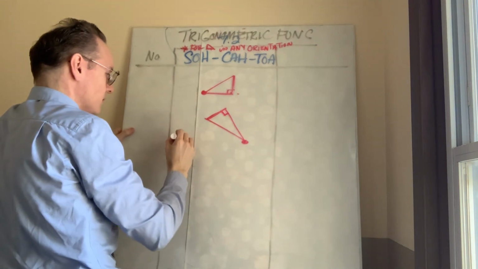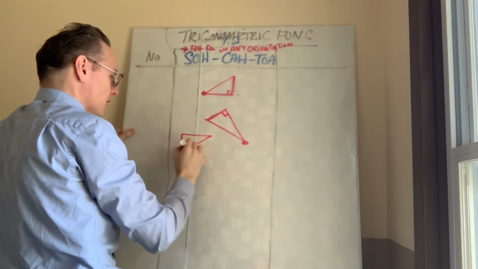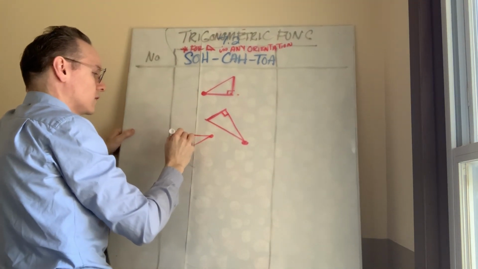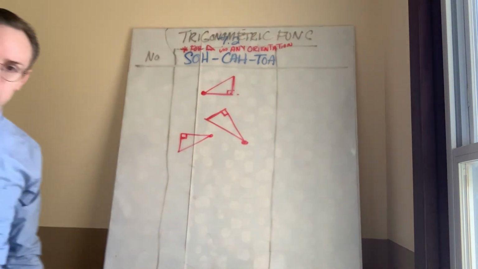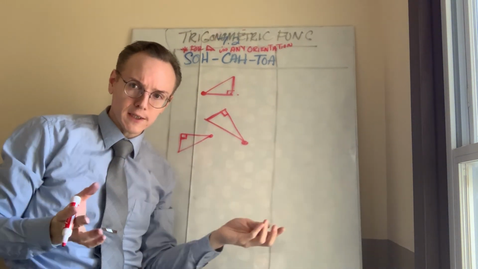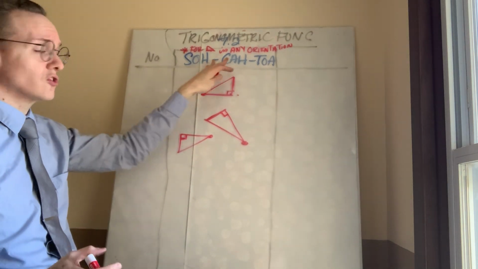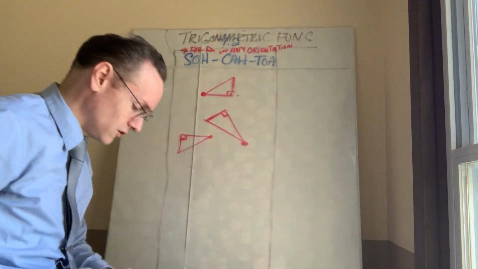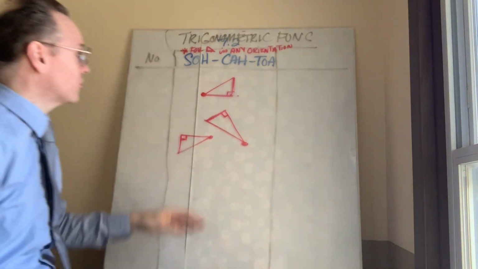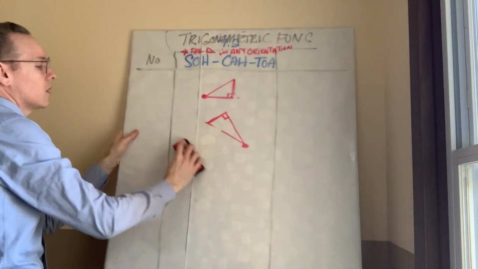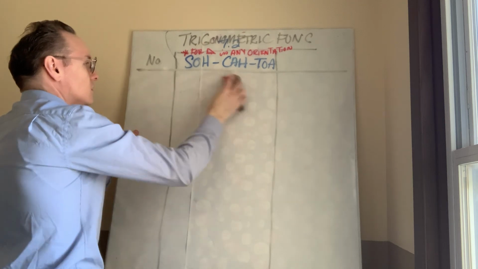Or something backward or upside down in free-floating space. A freestanding triangle. Any orientation, I would use or employ Sohcahtoa. Sohcahtoa is again a mnemonic in which the initials refer to the trig functions.